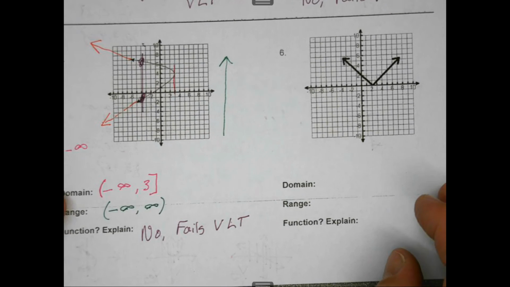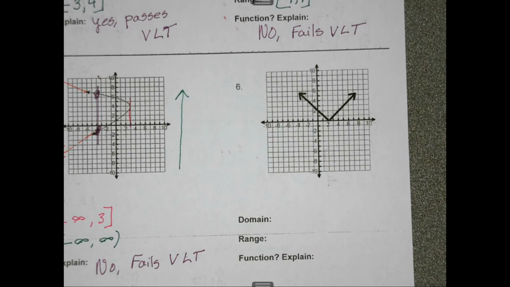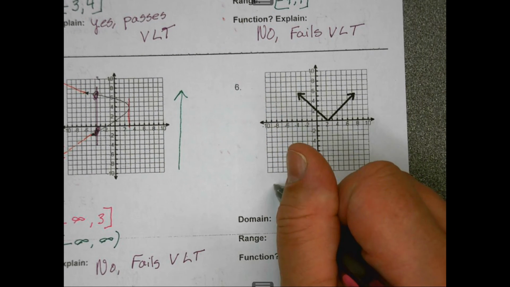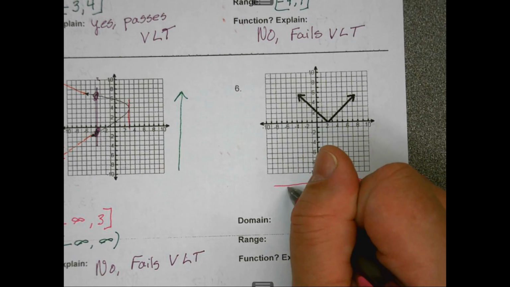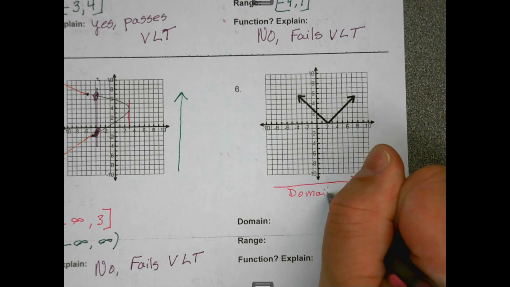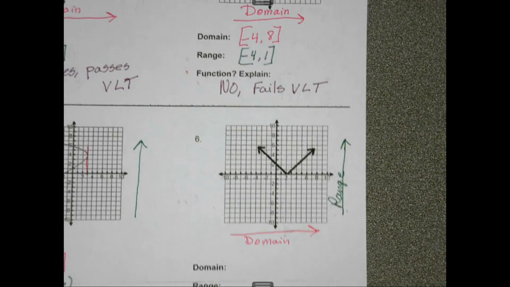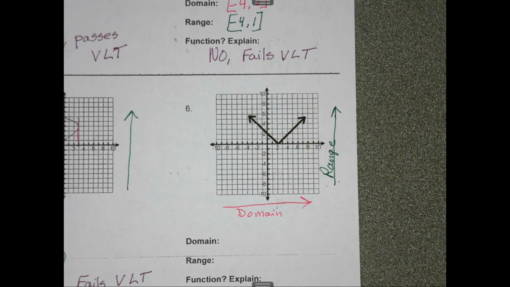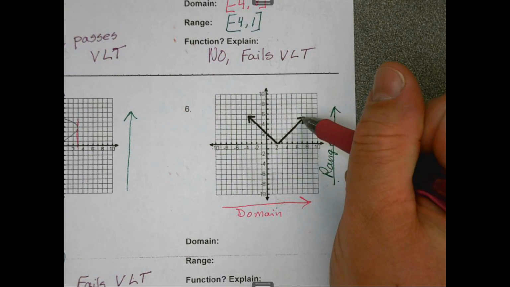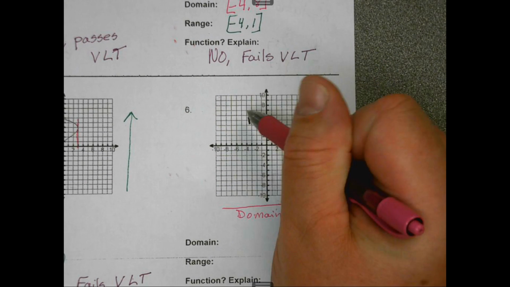And lastly, here's my domain. Here's my range. Again, this is going to go out to infinity.